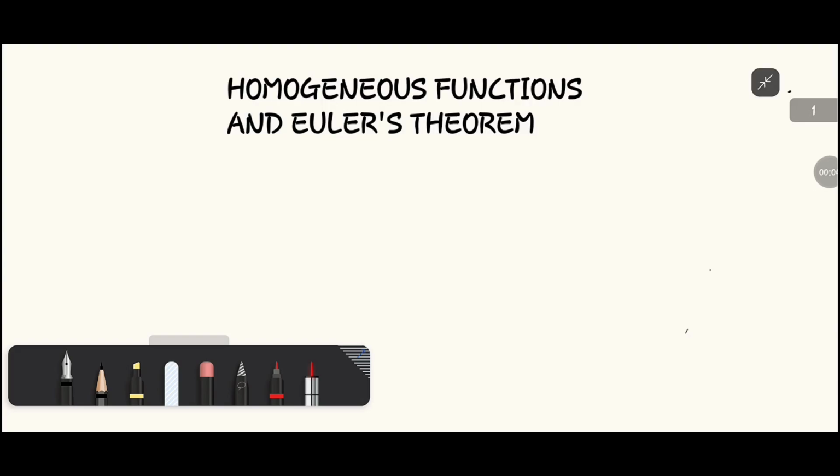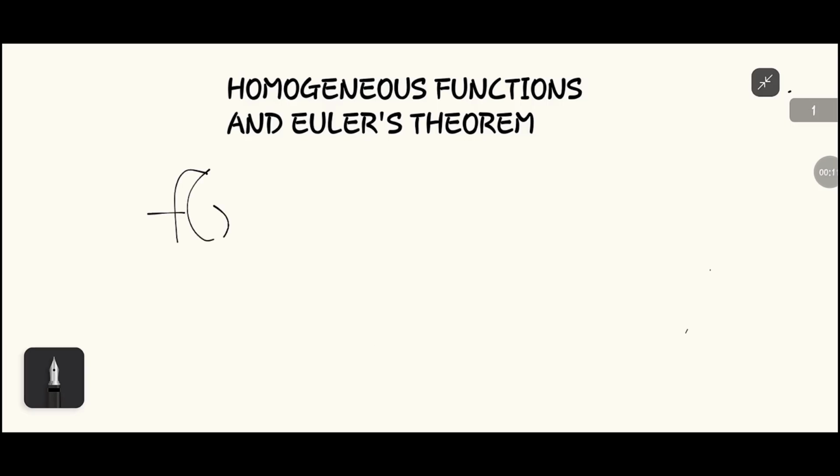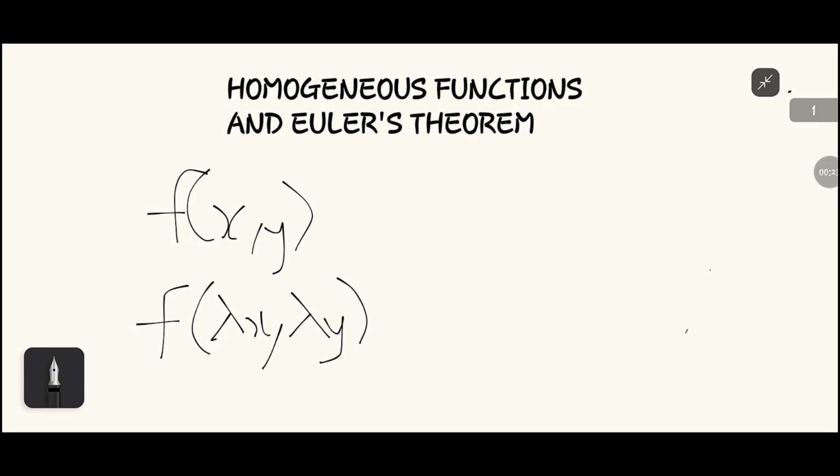In today's video, we're talking about homogeneous functions and Euler's theorem. Now for a function, let's say f of x, y, for this function to be homogeneous, it means that when we input lambda x in place of x and lambda y in place of y into the function, we should have lambda raised to the power n f of x, y.